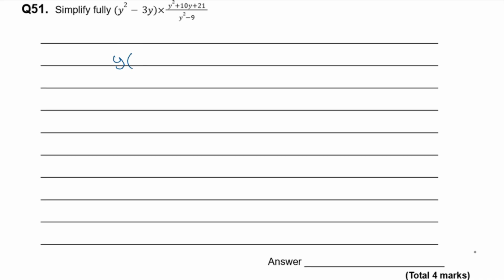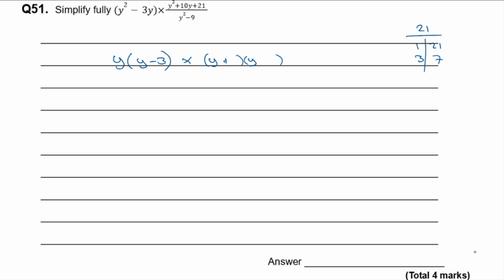So that's going to be y lots of y minus 3. And then I'm multiplying that by, the numerator looks like it should factorize into 2 brackets. If it does, I'm going to get a y and a y. Factor pairs are 21, 1 and 21, 3 and 7. That's about it. Now, which pair gives me 10 in the middle?